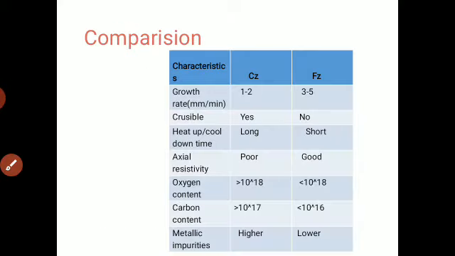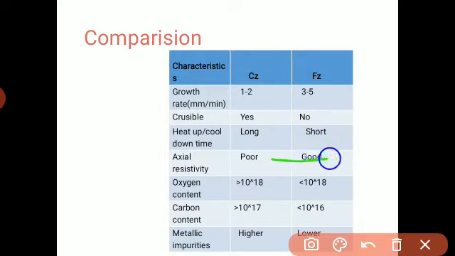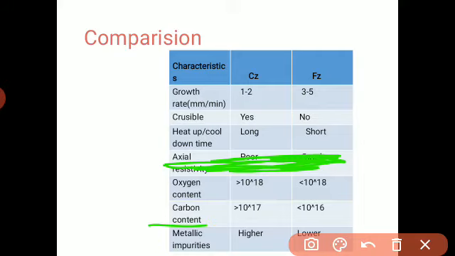The axial resistivity in the FZ method is good. This is a very important point from a prelims point of view. The oxygen content is very high in the CZ method, and lesser in the FZ method. The carbon content is greater in the CZ method and lesser in the FZ method, and the metallic impurity is also greater in the CZ method and less in the FZ method.